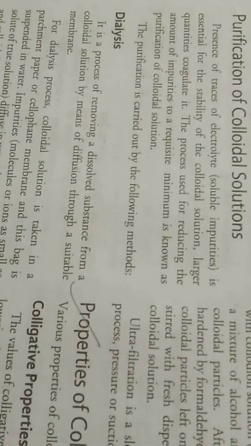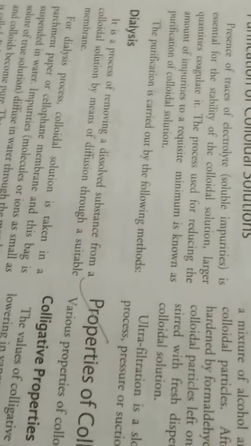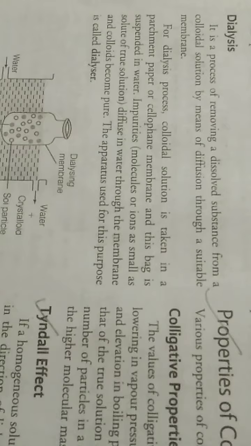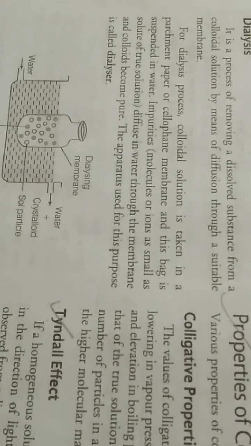Now we will be studying in this video about how we purify such colloidal solutions which are having the electrolyte in more amount. So the first method by which we purify the colloidal solution is dialysis.